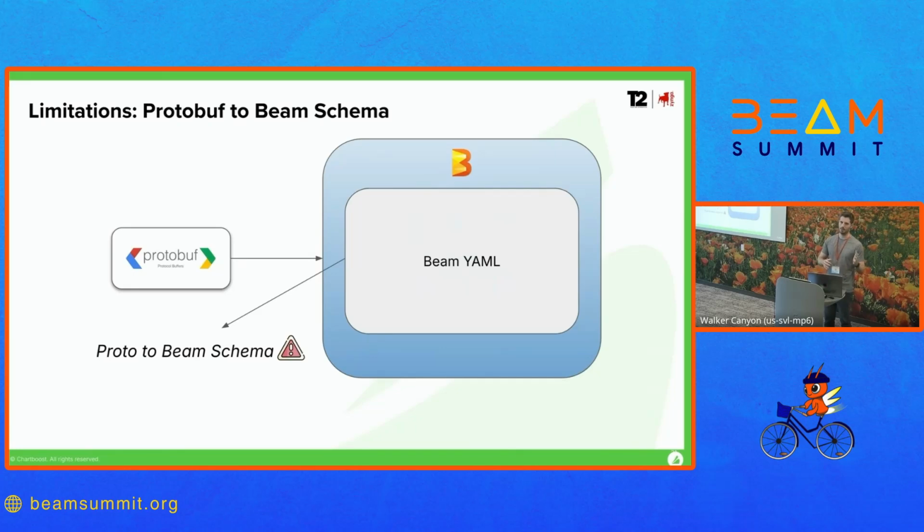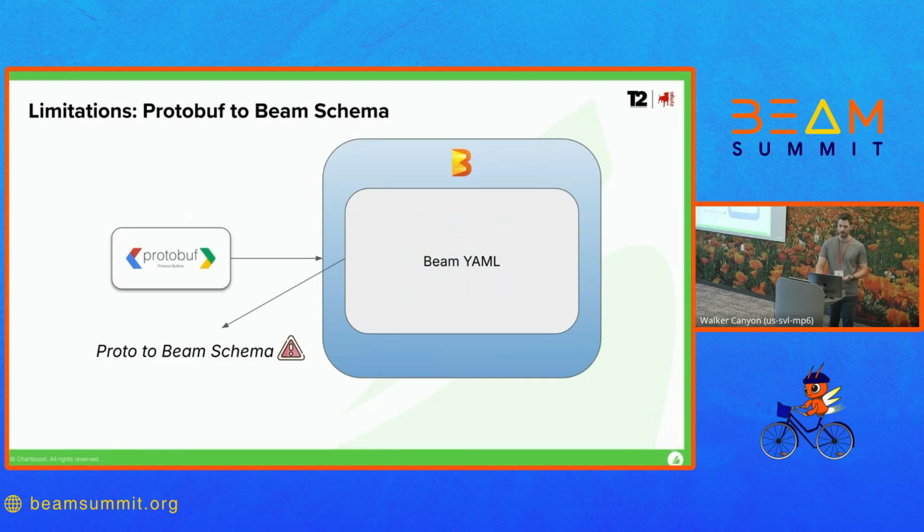So sometimes it's not as easy as saying, this is my Proto and it translates to a Beam schema. If your Protobuf has custom options that cannot be translated to Beam schemas, then it will potentially fail. It will fail right away. It's not that it will fail in the middle of the transaction or anything. It will let you know as soon as you try to instantiate the pipeline. It is true, though, that having a library that translates that into a Beam schema is pretty powerful to do other stuff, not just Beam YAML.